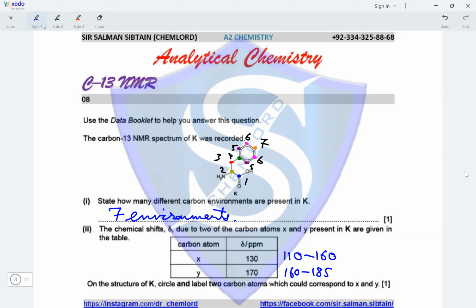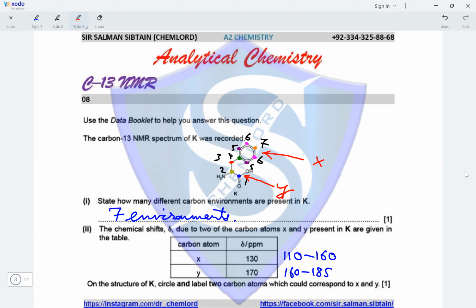So we end up with X being any one of the carbons on the benzene ring and Y being the COOH carbon atom.